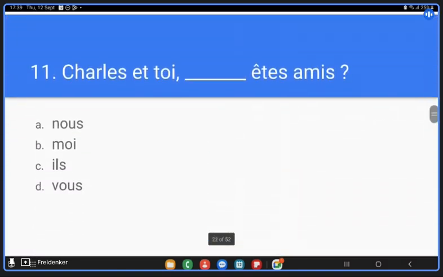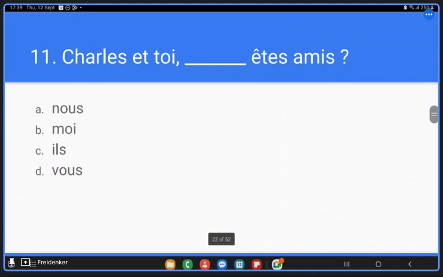11th one, Charles et toi. Charles and you. Here again phonotonic is there. Charles and you. Now in the dash, what do you fill? You fill it with a pronom sujet.